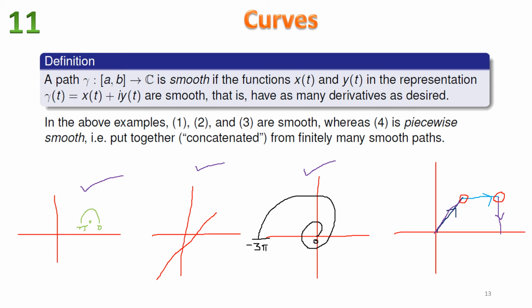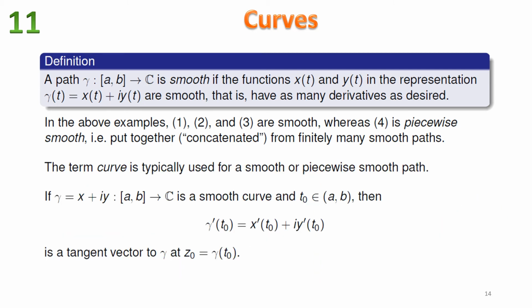However, the other straight and curved paths, you can differentiate. So this is called piecewise smooth. So here we are in a position to define a curve. The term curve is typically used for a smooth or piecewise smooth path.